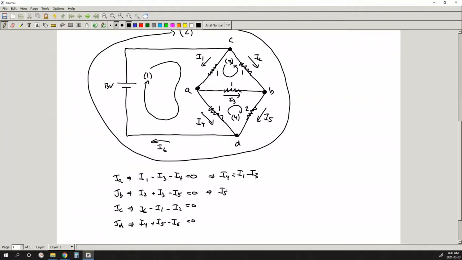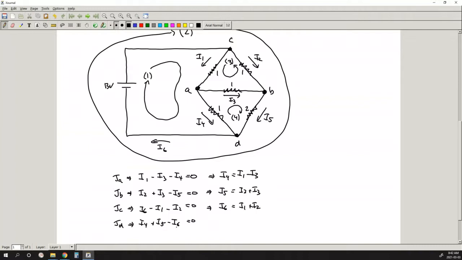I'm trying to isolate the sort of higher number currents because I'm going to be eliminating those earlier than the lower numbered ones. So we have I5, and that's equal to I2 plus I3. If we look at the next one, we will have I6 equal to I1 plus I2.